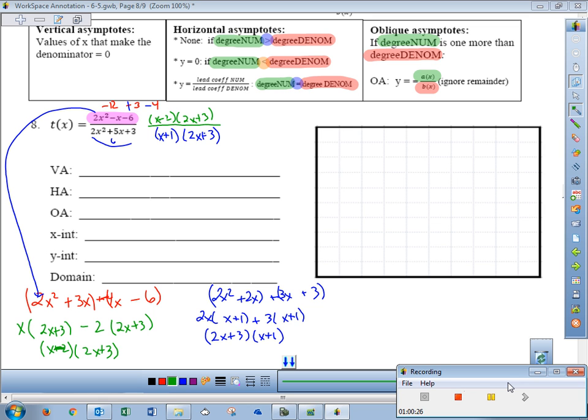And of course we factored all that correctly and got x minus 2 times 2x plus 3 in the numerator, correct? And x plus 1 and 2x plus 3 in the denominator, because everybody can factor that correctly, right? So the question before you get started, will there be any holes in the graph? Yes.